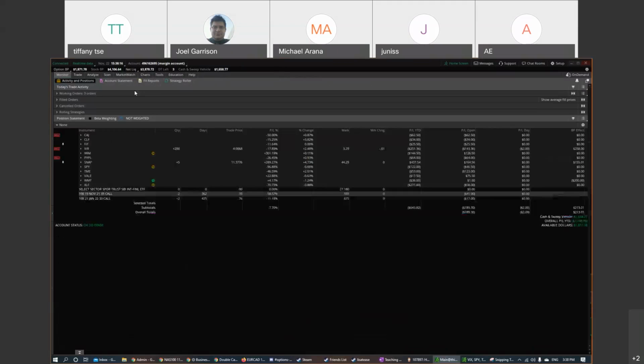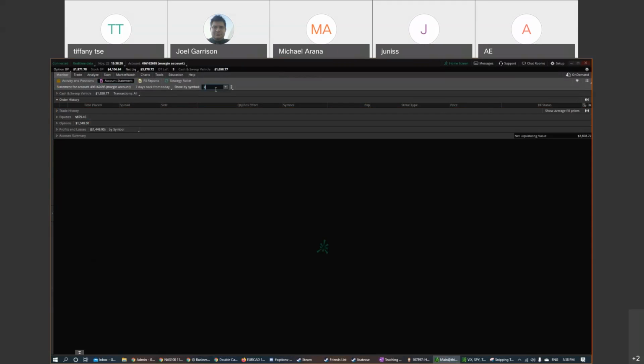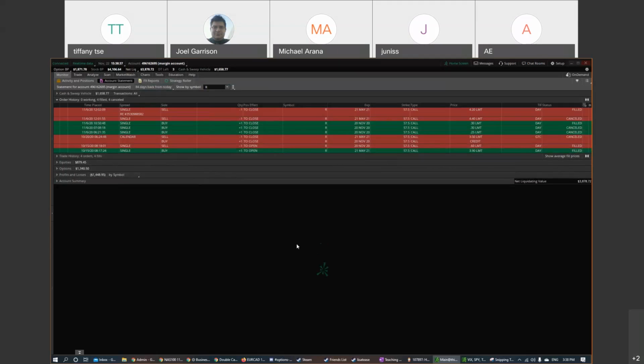So let me go into my trade statement, and then we can look up R. I didn't do anything with this one, but I knew that this is a slow mover. I think I tried to roll this one.